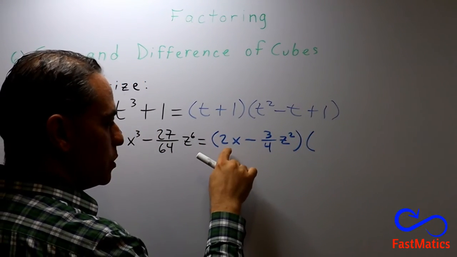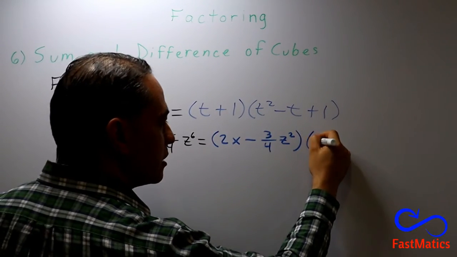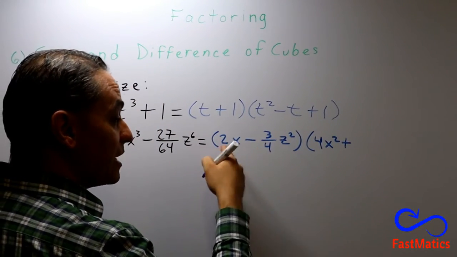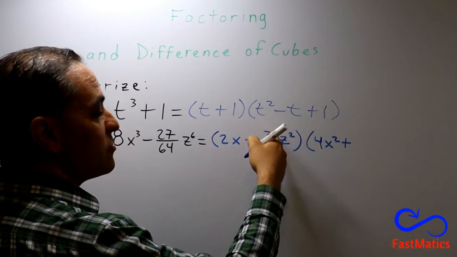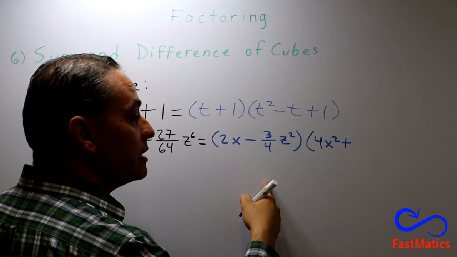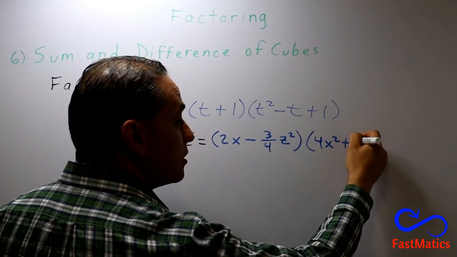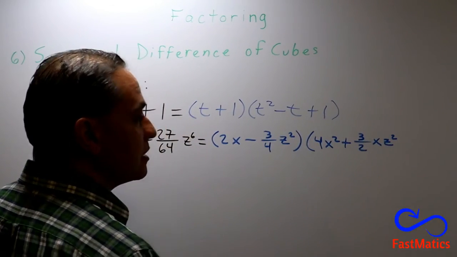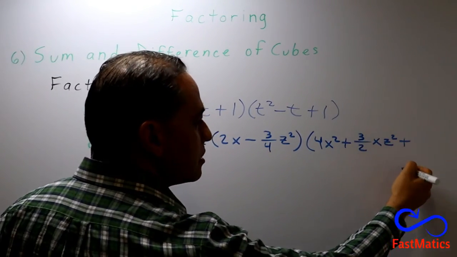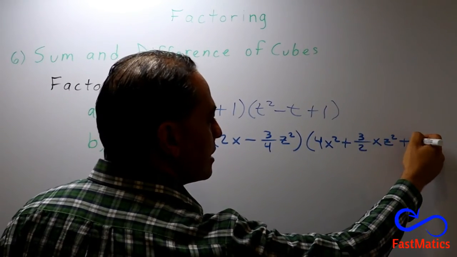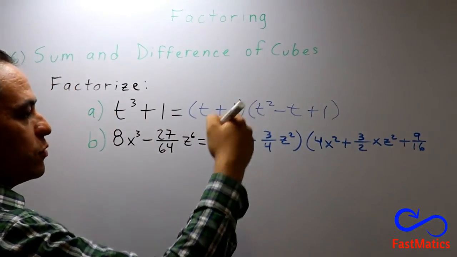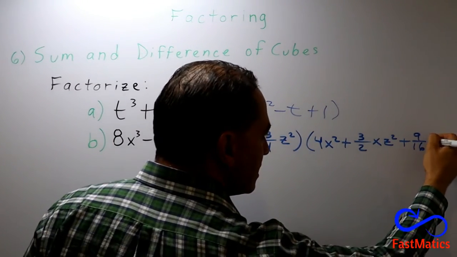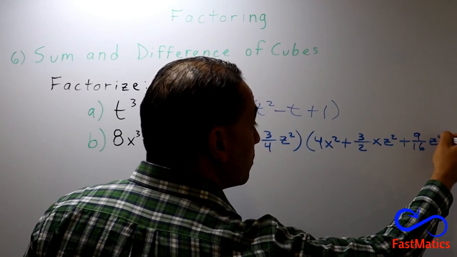Now you put the first term squared, after that the opposite sign, after that the multiplication of both terms. 2 times 3 over 4 is 6 over 4, but simplified 3 over 2 x z squared. And finally, plus the second term squared. 9 over 16. 3 squared is 9, 4 squared is 16, and after that z exponent 4. And that's it.